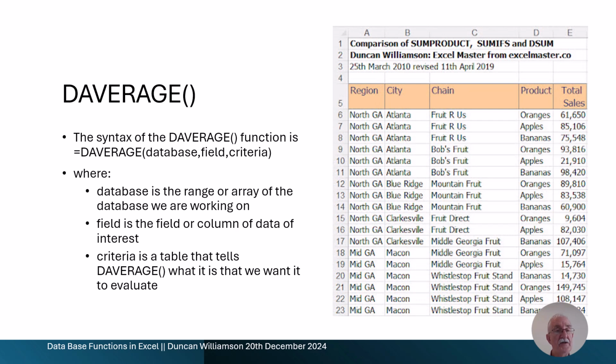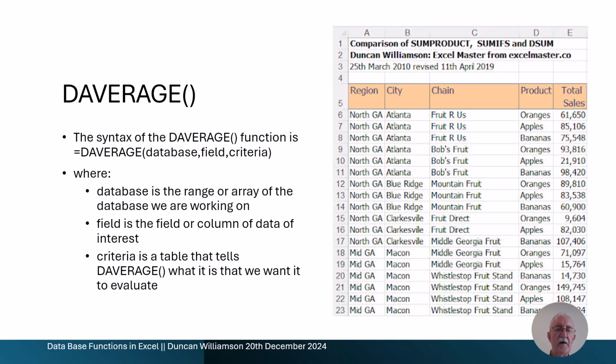DAVERAGE. The syntax of the DAVERAGE function is DAVERAGE, database, field, and criteria, where the database is the range or array of the database we're working on. In this case, you can see on the right-hand side, a very small database, A5 to E23.